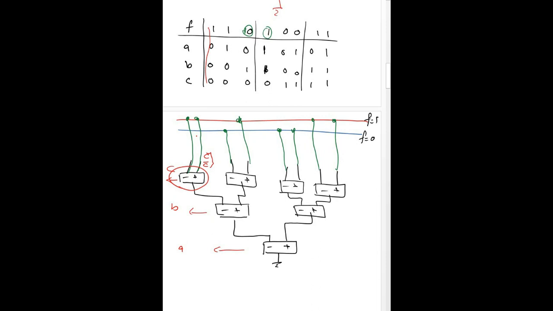So if we skip this point here, we can directly connect this point to this point. There will be no difference because this is connected to 1 in any case, either we are using C or C bar. This can be observed from the table as well.